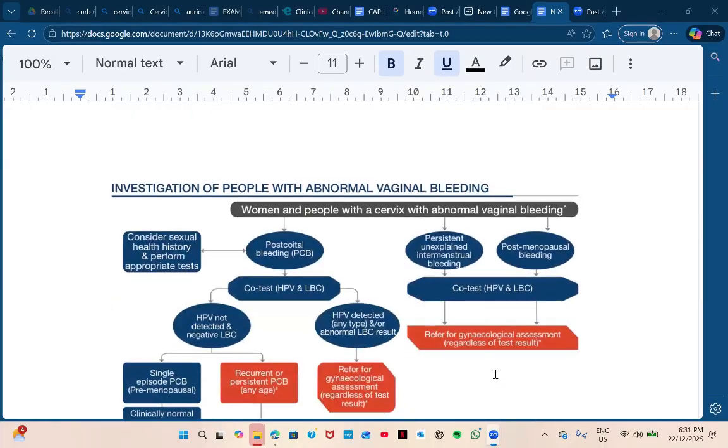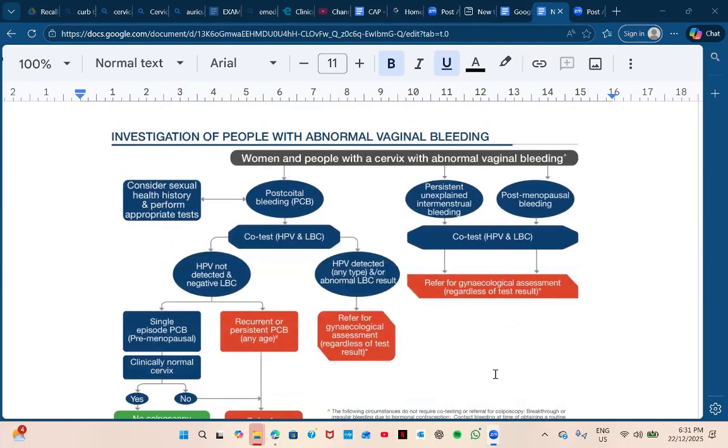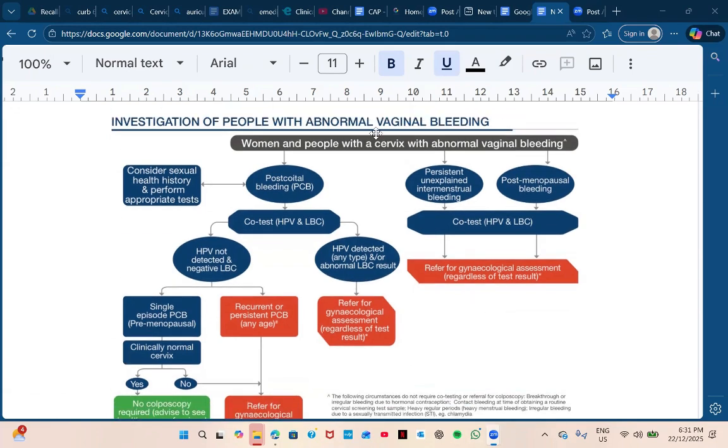And you have to remember one more thing, this is very high yield. In our question they haven't asked about investigation, but this is a high yield part for abnormal vaginal bleeding, in women and people with a cervix.